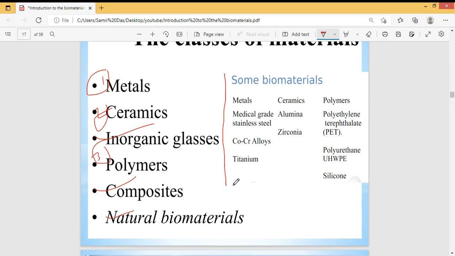The most common biomaterials from the metal category are stainless steel, basically SS316, cobalt chromium alloy, and titanium. Under ceramic we have alumina and zirconia.